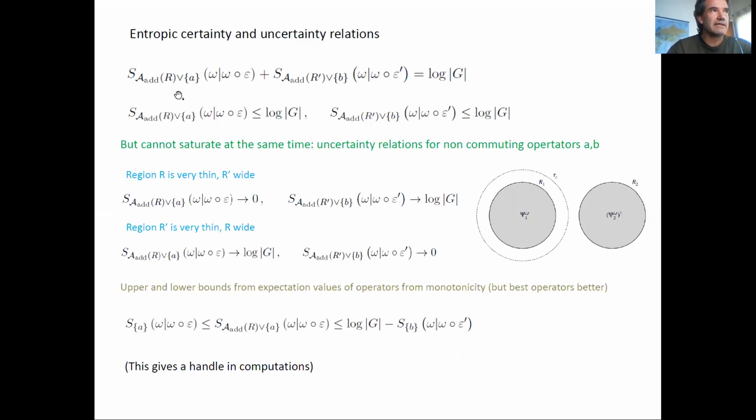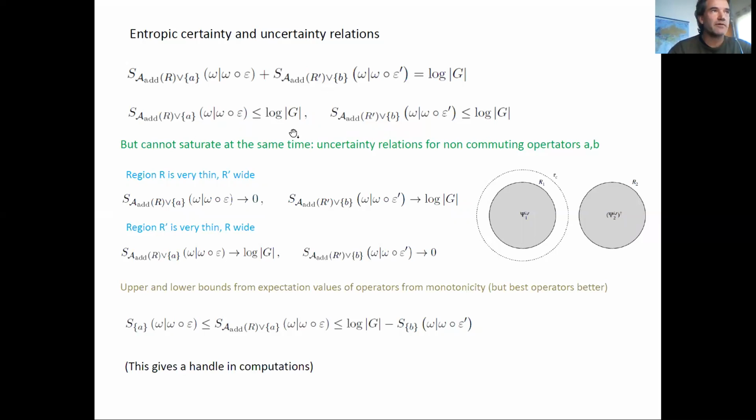For example, because the relative entropy is always positive, it means that this order parameter is always smaller than log G. And this other one, for the complementary region, is also always smaller than log G. So it's between 0 and log G. But of course, this relation tells us that they cannot both saturate at the same time. They cannot both go to log G at the same time. If one is large, the other will be small.